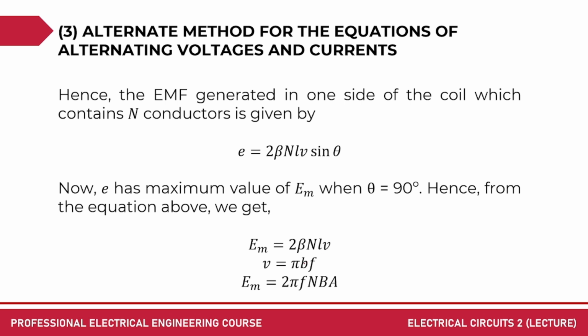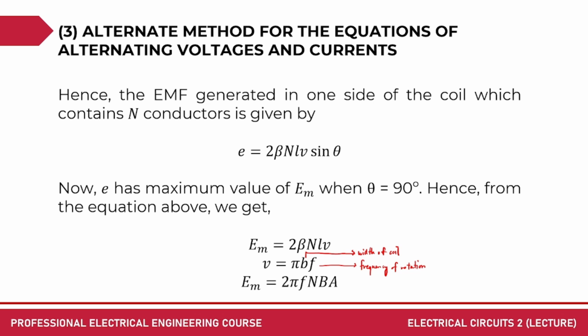Let's say your velocity is pi b f, where b is the width of the coil and f is the frequency of rotation. So for velocity, we are simply multiplying the circumference by the frequency, and you will get the same equation as we have done in part 2.